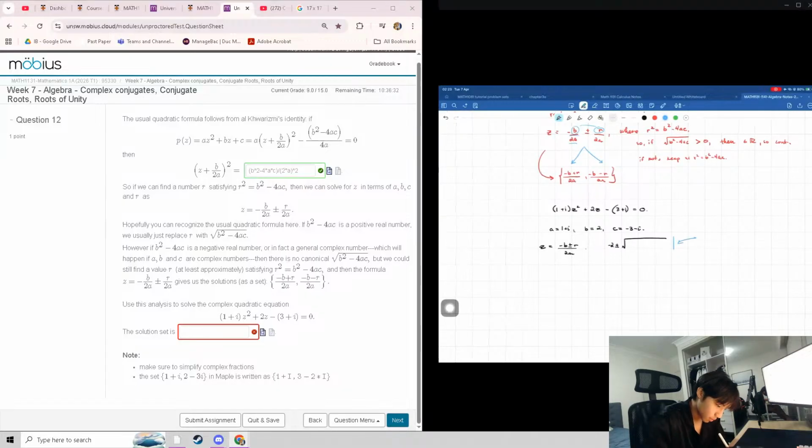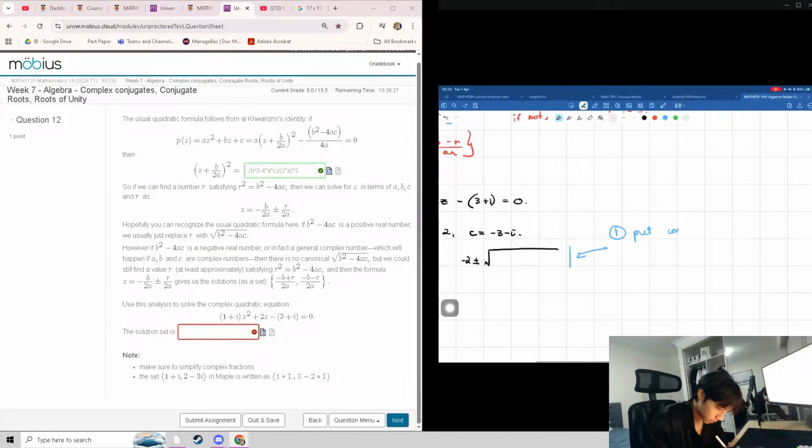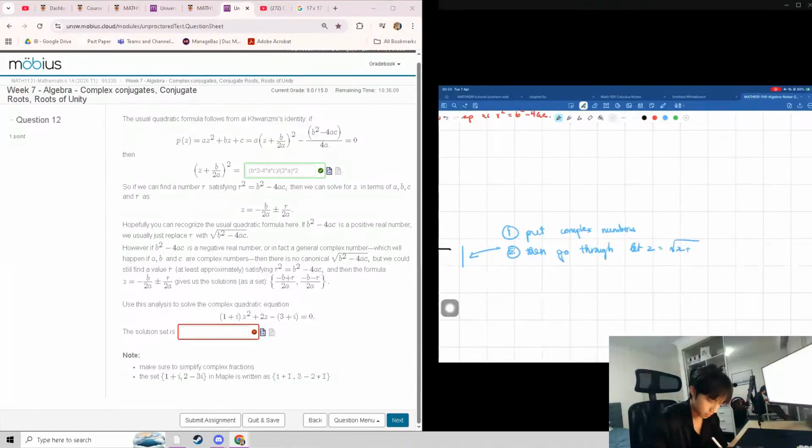So put the complex numbers in, then go through the let z equal x plus iy stuff.